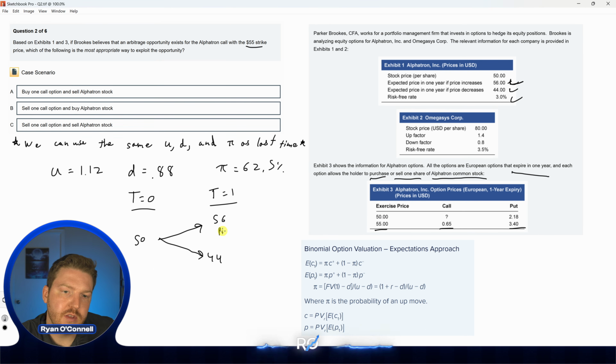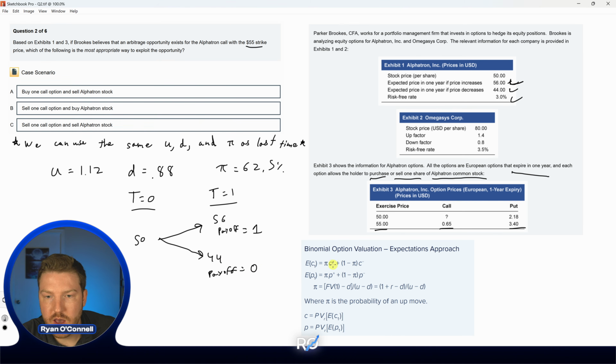So the payoff in the up scenario is going to be 56 minus the 55 exercise, which is 1. And for the down scenario, the payoff is the max of 44 minus 55, or 0. We're not going to exercise a call if the price is worth less than the exercise, so that's just going to be 0.